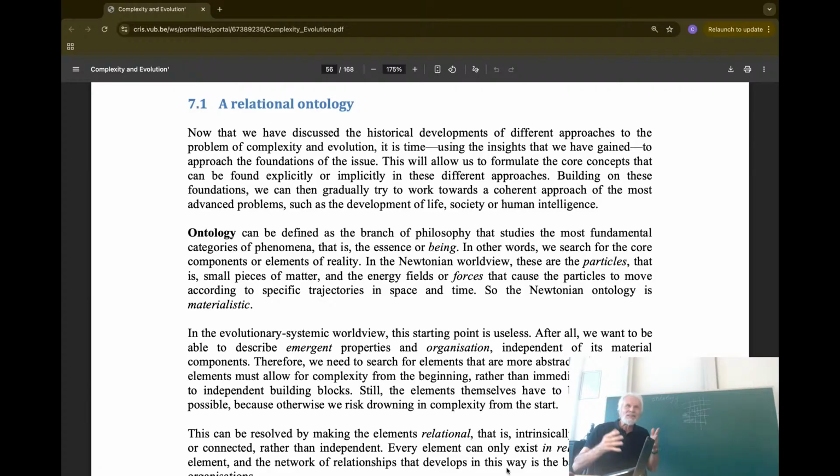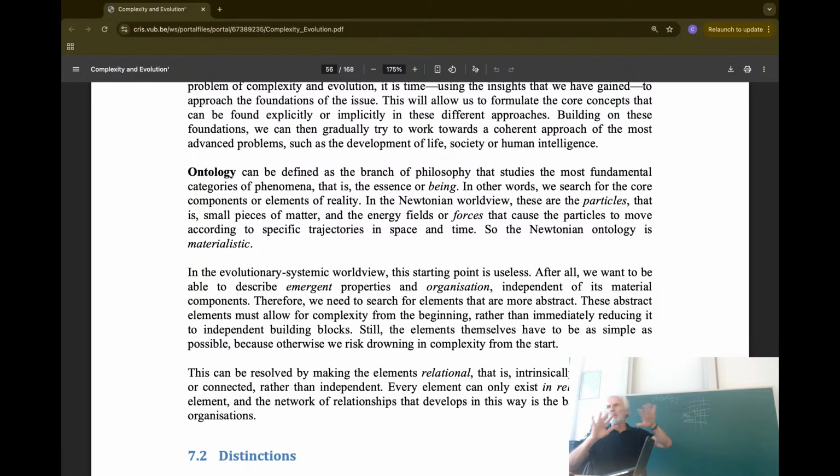But relation is a very abstract concept that, once you start thinking of examples, gets very complicated, very fuzzy. So I want to reduce the notion of relation to the simplest possible kind of relations. And I propose two elements. One element I call a distinction, the other element I call a connection.